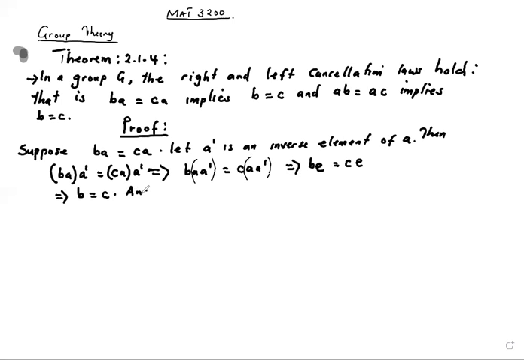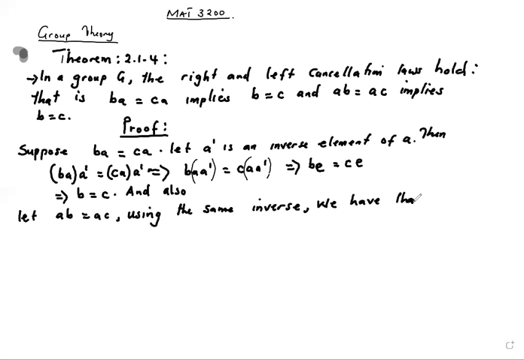And also, let me suppose again, let AB be equal to AC, using the same inverse. We have that A inverse AB is equal to A inverse AC.